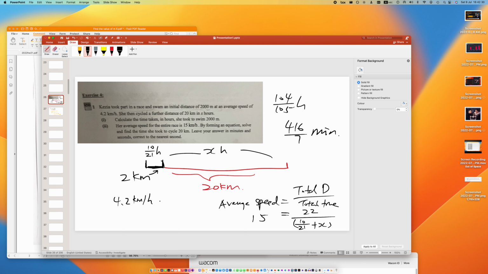Express this as a mixed number, so it's 59 minutes and 3 over 7 minute. 3 over 7 minute times 60 is 26 seconds because it is 25.7. Anyway, your job is to get this. Once you get this, then you can convert.